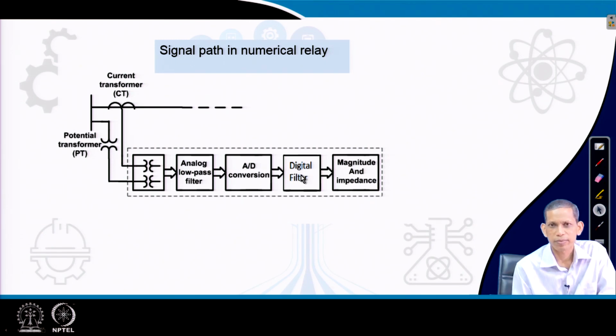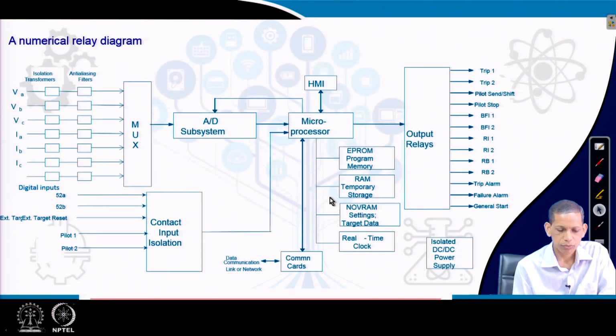The algorithm takes the sample values of the currents and voltages as required, and then calculates the required quantities as per the requirement of the relay. For example, in a distance relay, it computes the magnitude of voltage, current and impedance, and makes the corresponding decision as per the requirement.